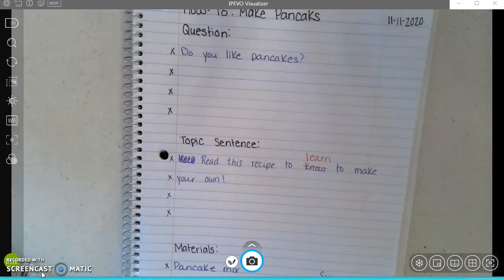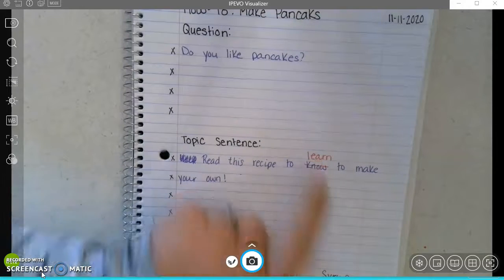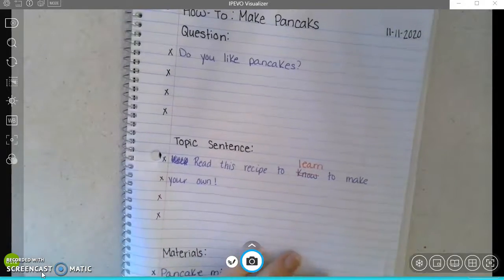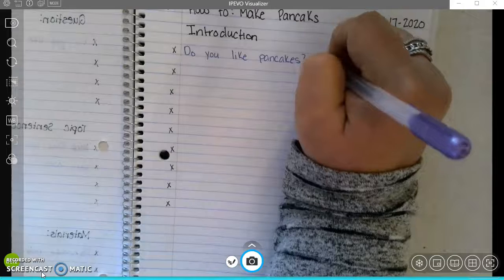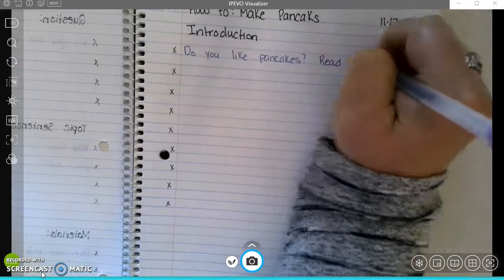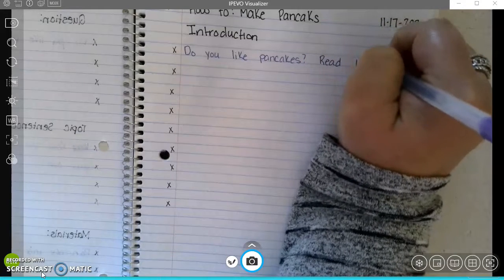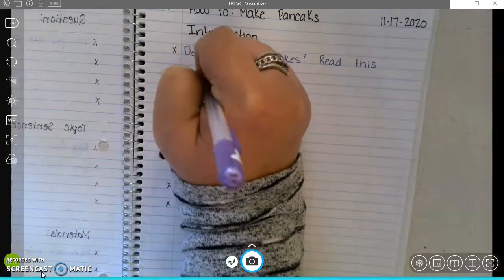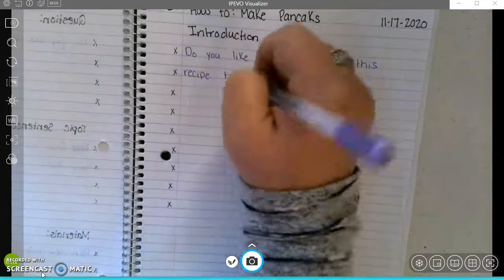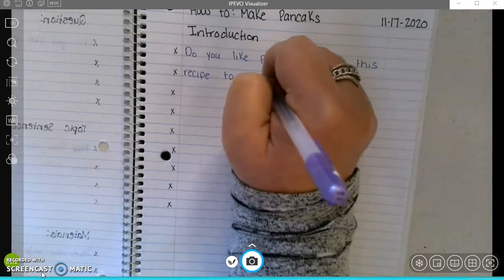And also, remember, how-tos are teaching someone how to do something, so I wanted to use the word learn instead. So I'm going to write, read this recipe to learn.